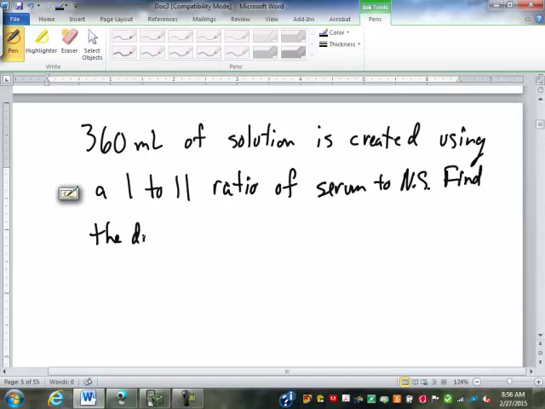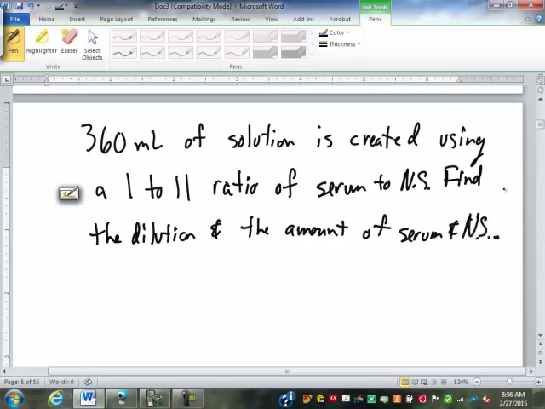Find the dilution and the amount each of serum and saline. I'll give you guys a second to try to work that one.